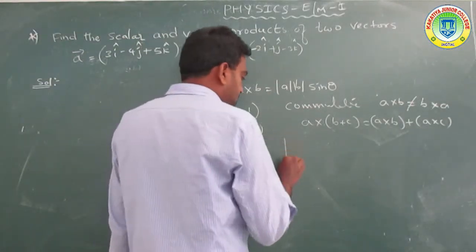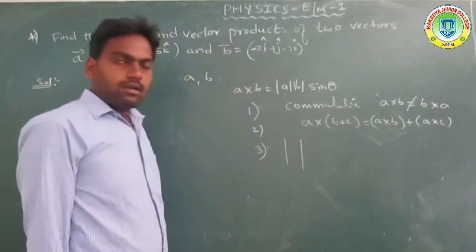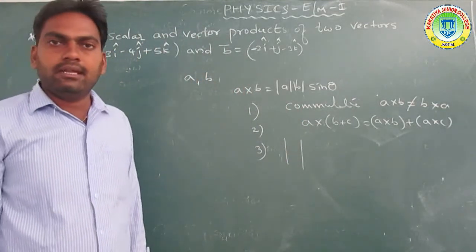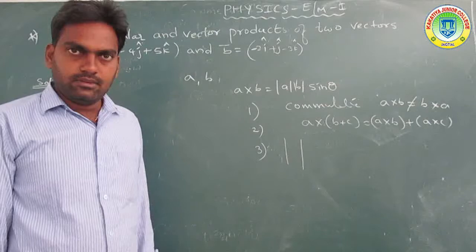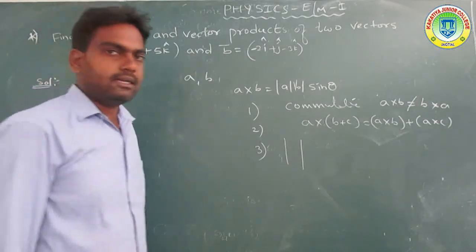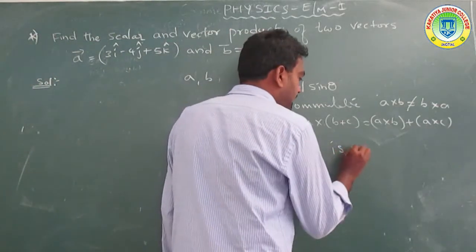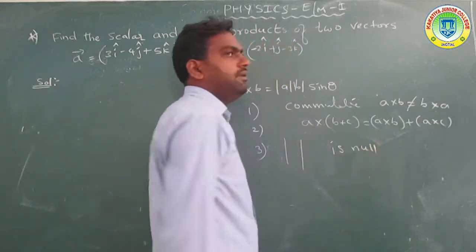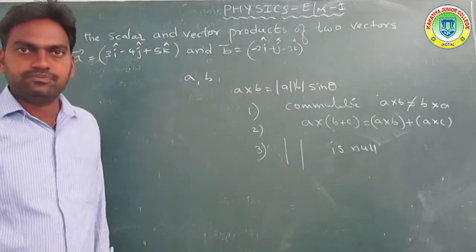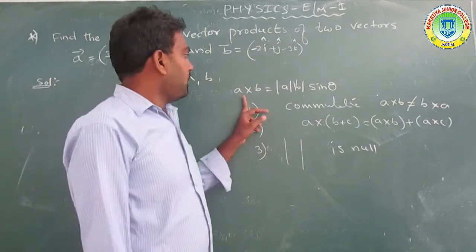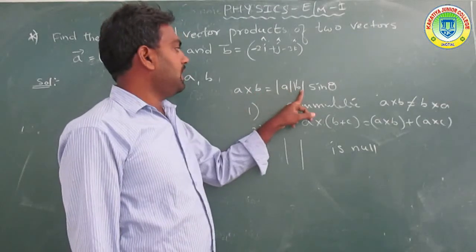Third, the vector product between two parallel vectors is a null vector, or zero. A cross B is equal to AB sin theta.